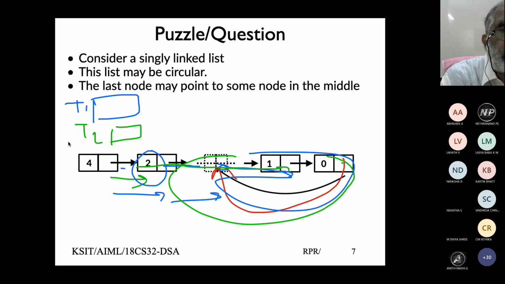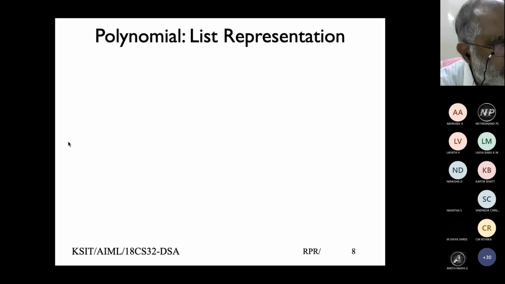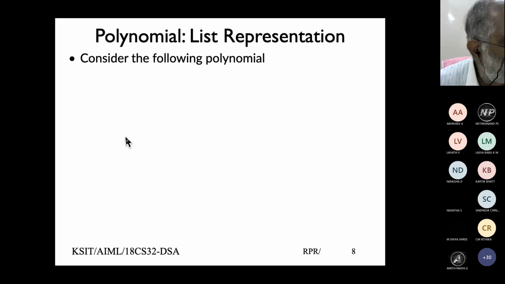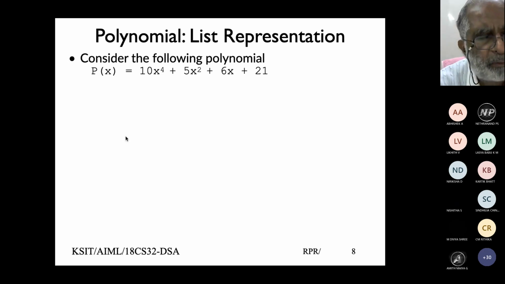So we looked at the list, how to represent polynomials. Take an example, consider a polynomial 10x raised to power 4 plus 5x square plus 6x plus 21. And we said when you want to represent this polynomial as a linked list, each node needs to keep two pieces of information.